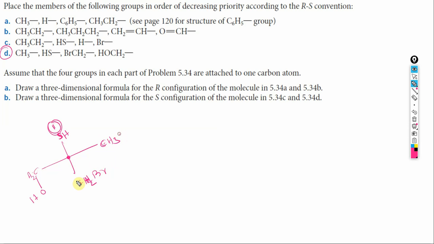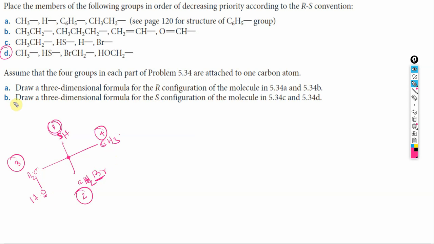Carbon with 3 hydrogens, carbon attached to a bromine, and carbon attached to an oxygen. So the carbon with bromine is going to be higher priority among the remaining 3 groups. Therefore this is second. And between CH3 and CH2OH, CH2OH is going to be third, and CH3 is going to be fourth. Okay. Alright, so now I'm going to segue this into the next problem.